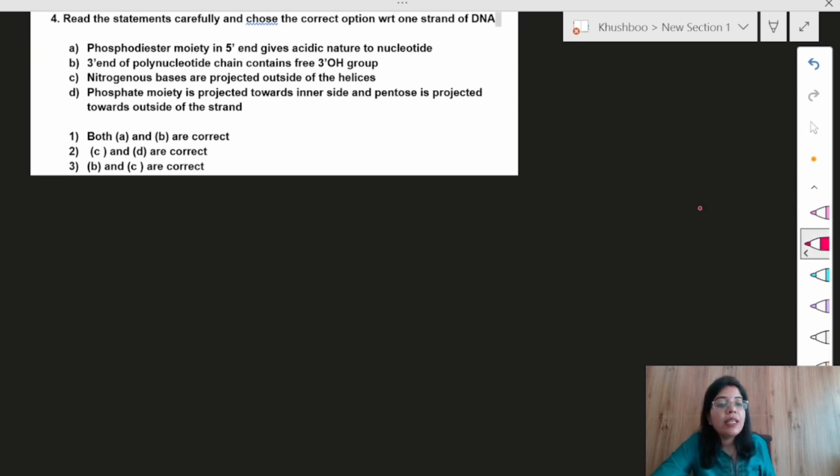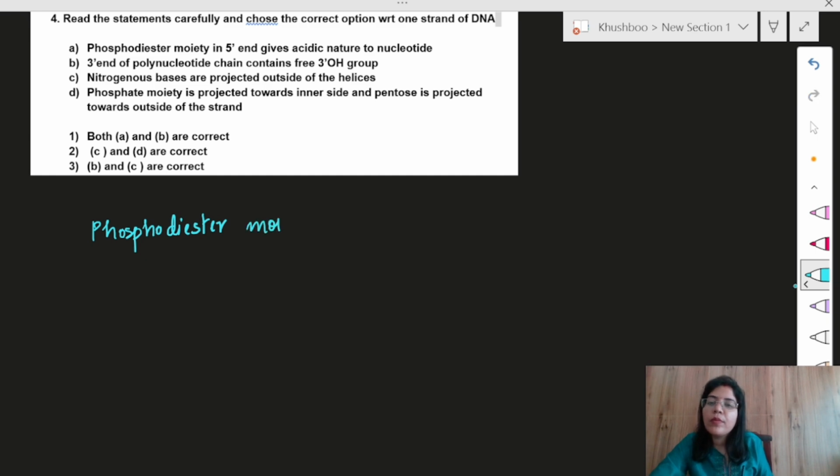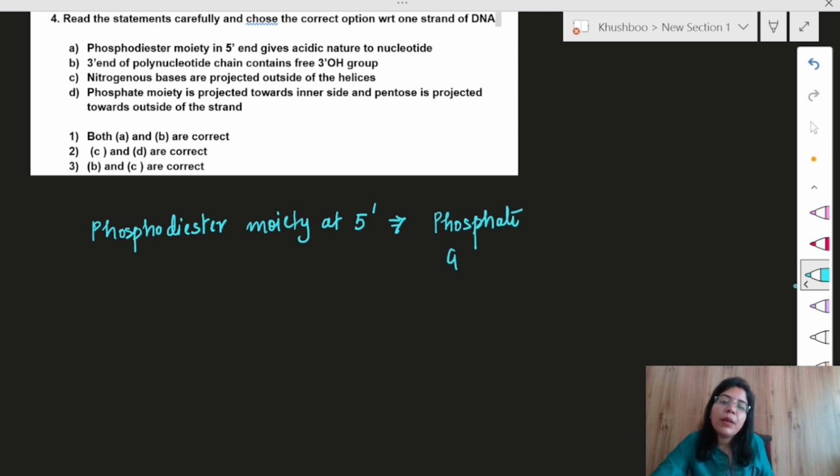Is this statement true? Yes. Always remember the phosphodiester moiety which they are telling here. What is that phosphodiester moiety here? They are talking about the phosphate group. Maybe in chemistry you have learned that the phosphate group imparts acidic nature to DNA, right?